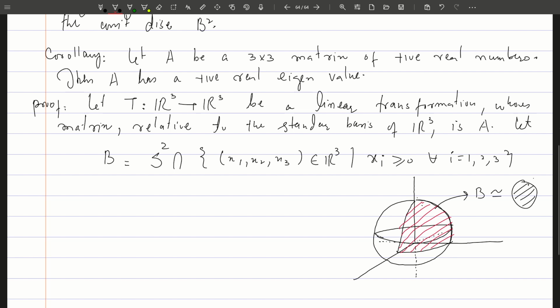So clearly B is homeomorphic to a unit disk.